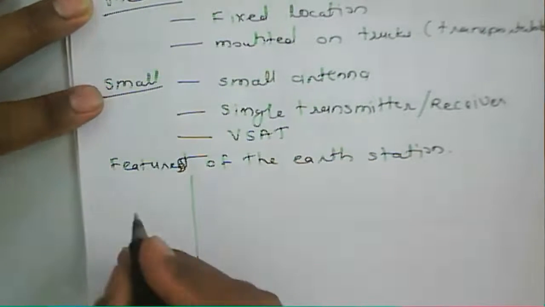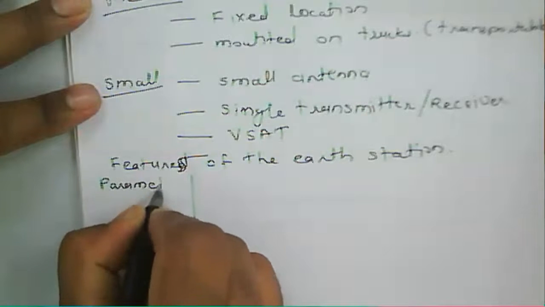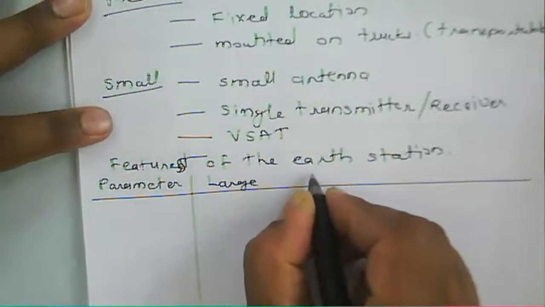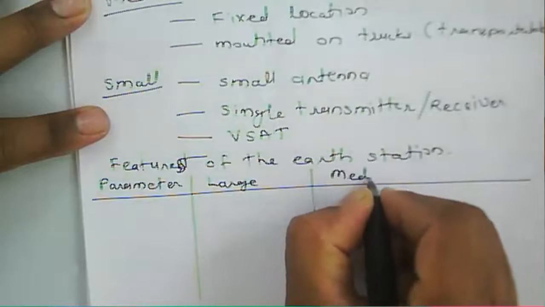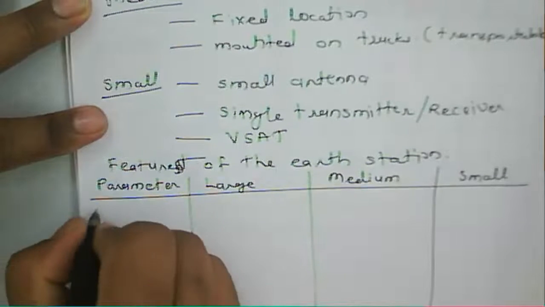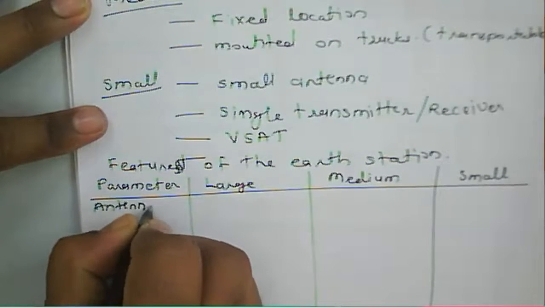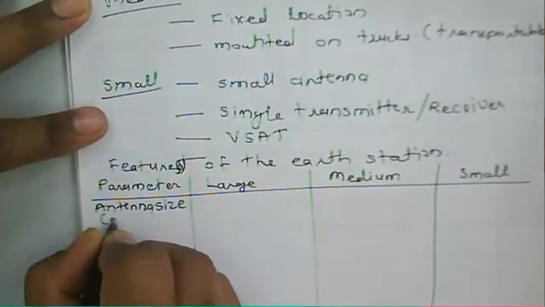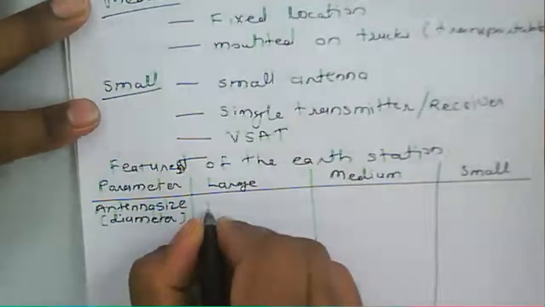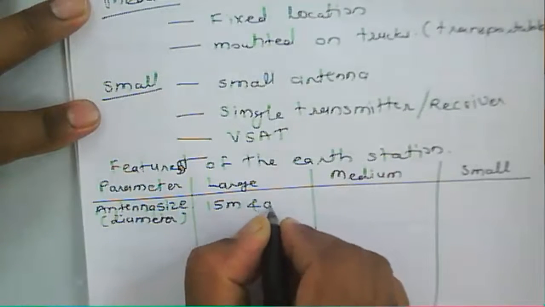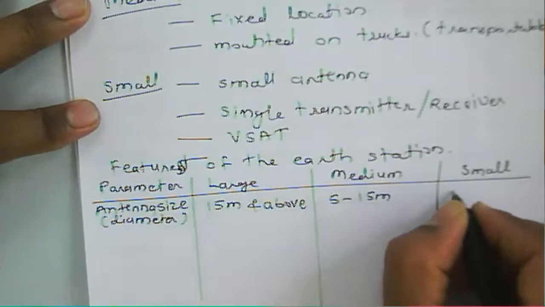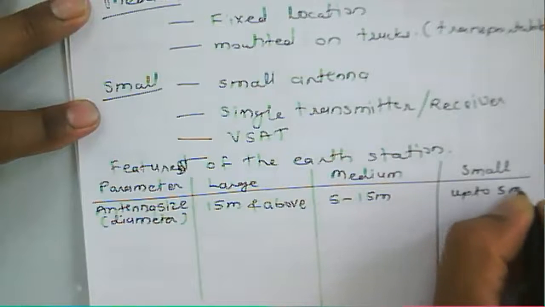So we'll look at the parameters, whether the antenna is large, small or medium. The parameter is the antenna size. In that case, we'll consider the diameter: 15 meters and above, then 5 to 15 meters, then up to 5 meters.